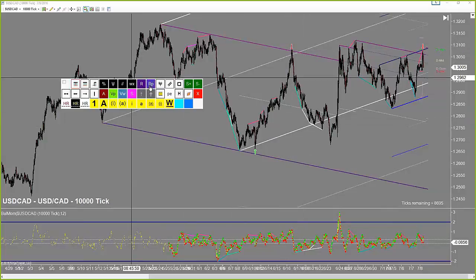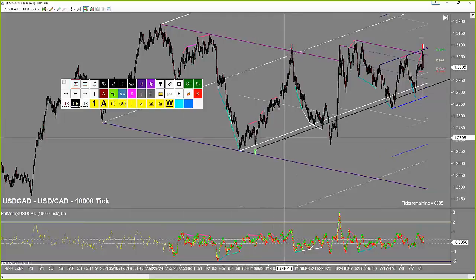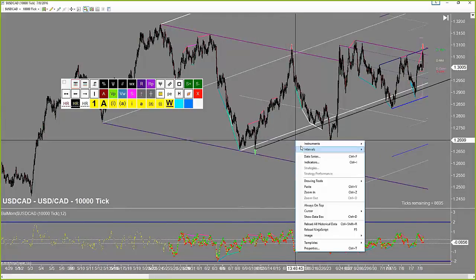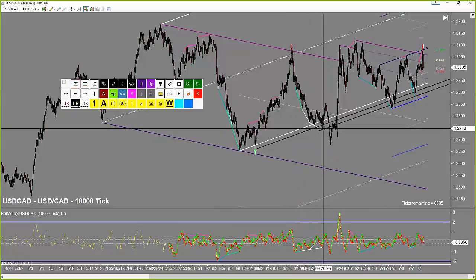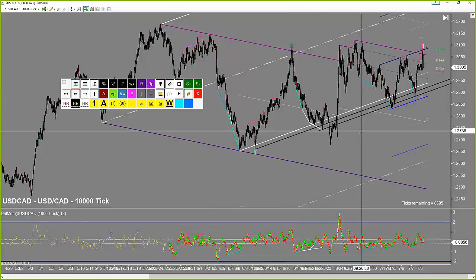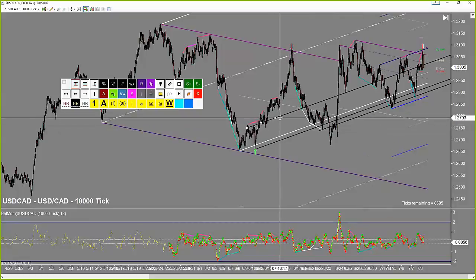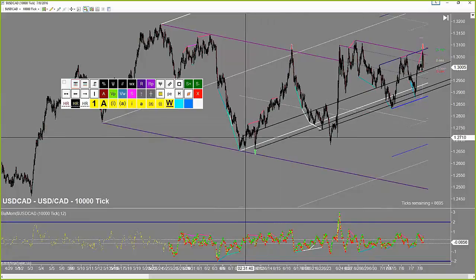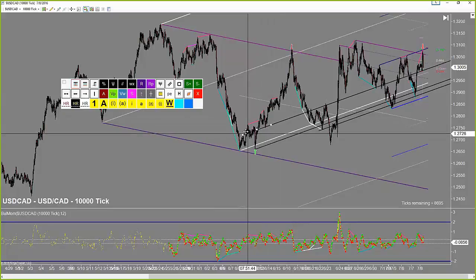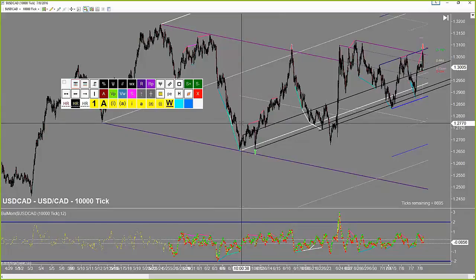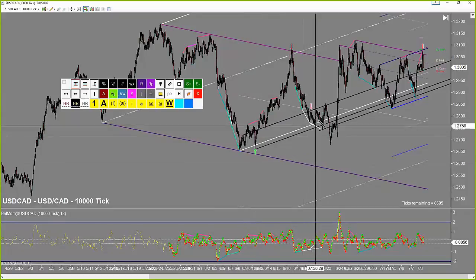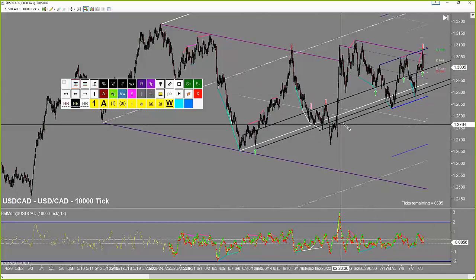Then of course we can draw in our sliding parallels off of these lows and then draw one off of this low and some of these intermittent highs and lows. We'll draw one from this first high out of the channel, which gives us several reversal areas here and right there as well.